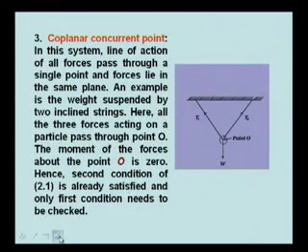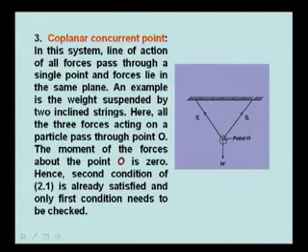Now, then we discuss coplanar concurrent forces. In this system, the lines of action of all forces pass through a single point and the forces lie in the same plane. An example is a weight suspended by two inclined strings. In this case, all the forces are in a plane.